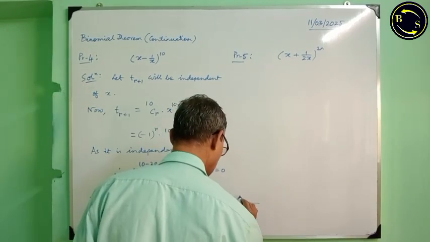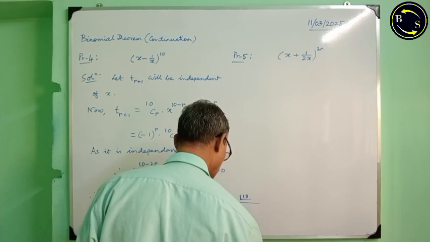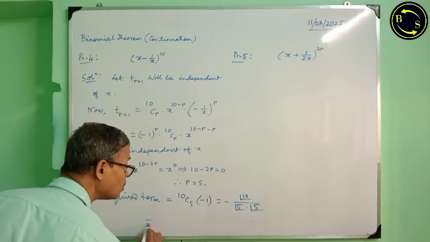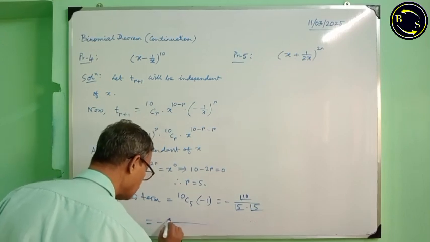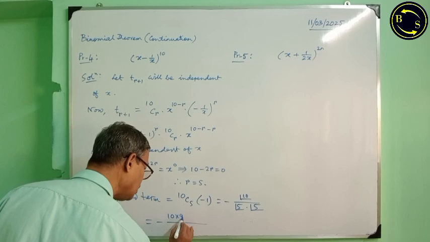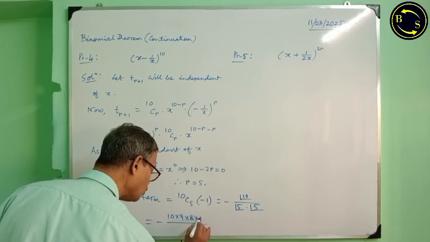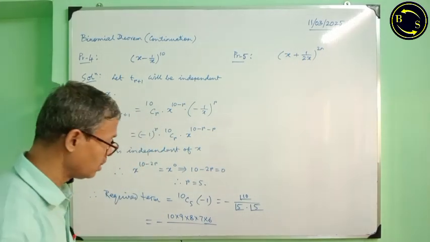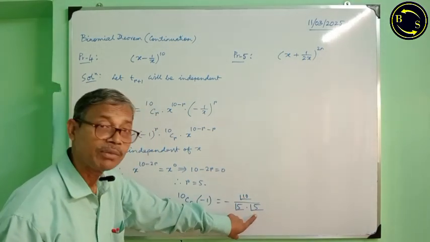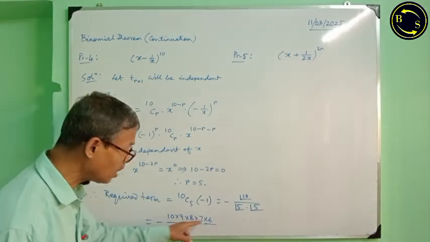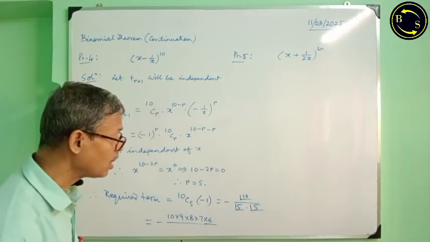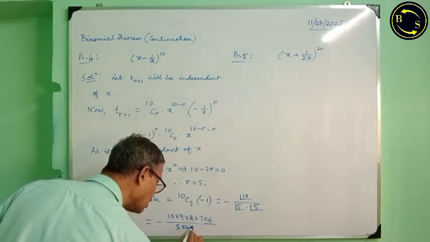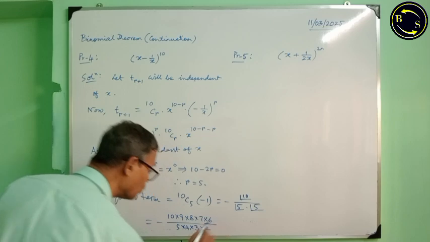Now I simplify: factorial 10 by factorial 5 into factorial 5, that is equal to minus 10 into 9 into 8 into 7 into 6. Try to follow the technique I am using. Factorial 10, there is factorial 5 at the denominator, therefore I write up to this and omit that factorial 5, then this will be 5 into 4 into 3 into 2.